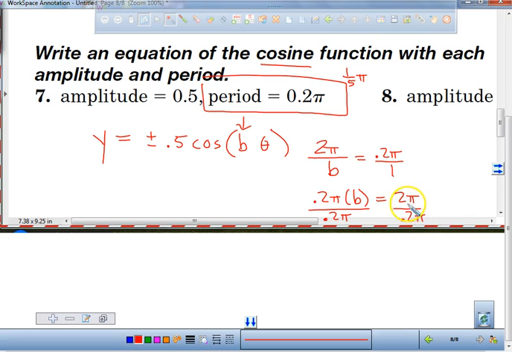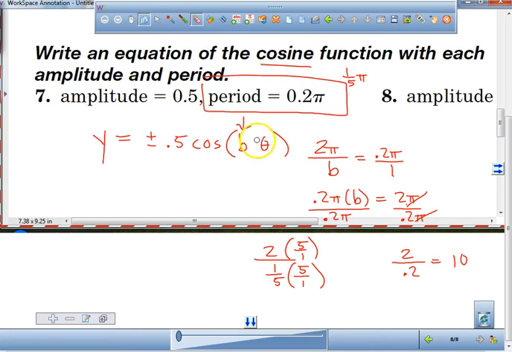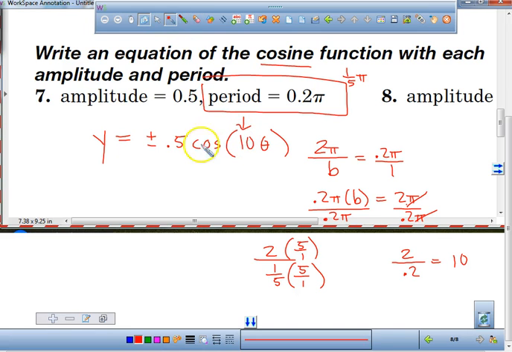Now what's going to end up canceling out? This pi is going to cancel out that pi. And so you have 2 over the decimal of 2/10. You can do this in the calculator and you will get 10. But if you did it by hand, I know it's 1/5, right? Multiply both sides by 5 over 1, you still get 10. What does that mean? It means our b value is equal to 10. There's your answer.